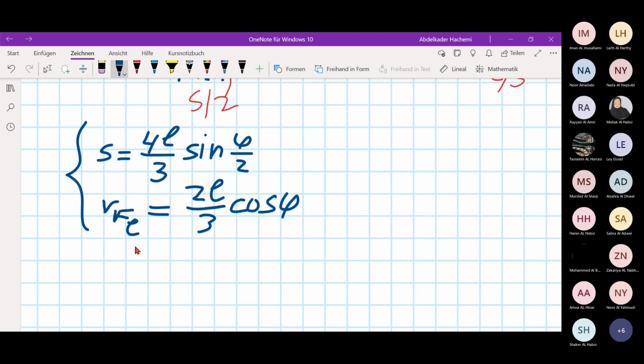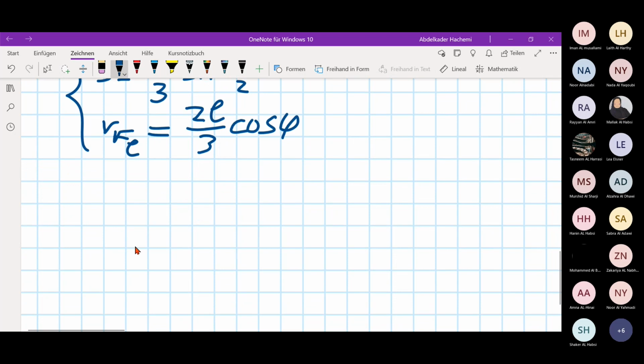Now what we do is a simplification only, but you can do it, to make the equilibrium in R and phi direction.